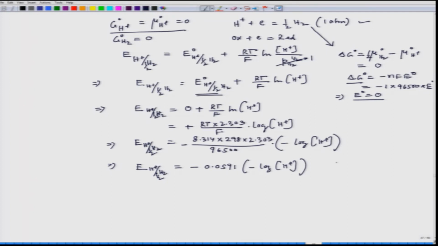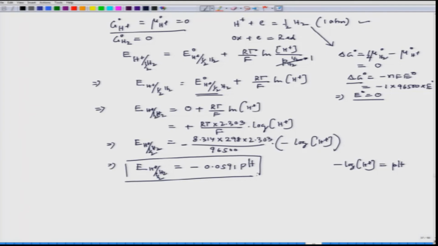Now, interestingly, minus log H+ is nothing but pH, so I can replace this term with pH. This is a crucial relation, and we will use it.